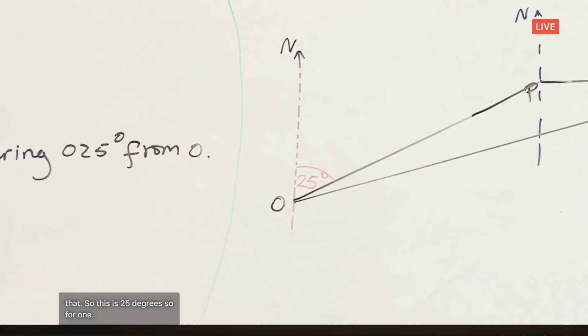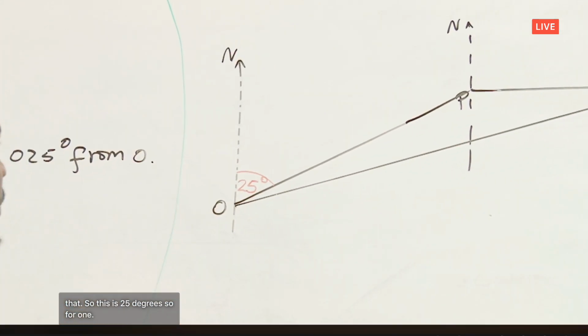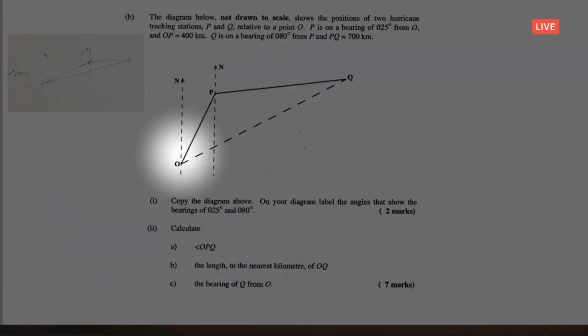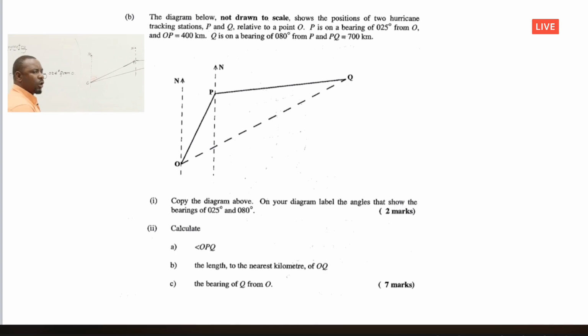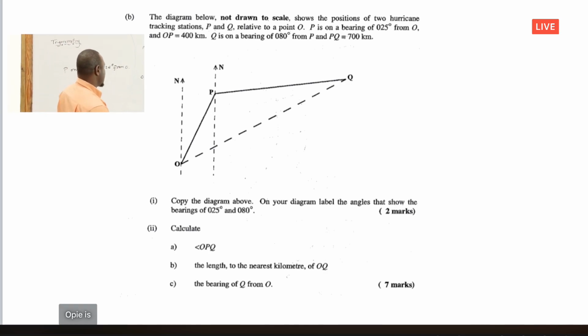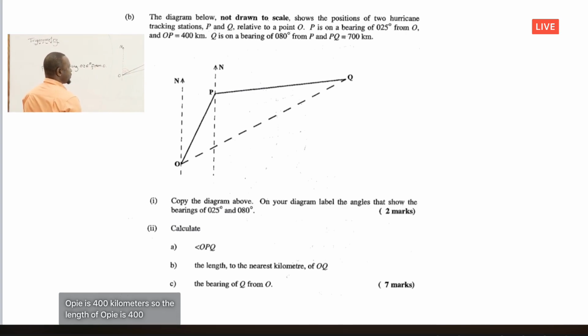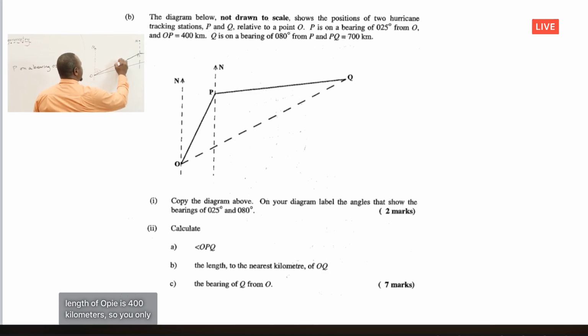So for one mark in your question, you only need to insert that 25 degrees. Okay? And if you continue reading, it will tell you that OP is 400 kilometers. So the length of OP is 400 kilometers. So you only need to put 400 there.